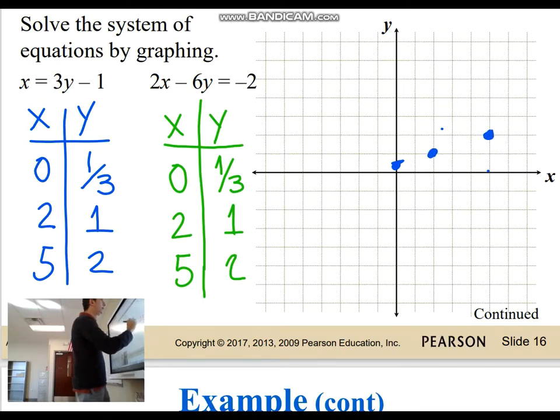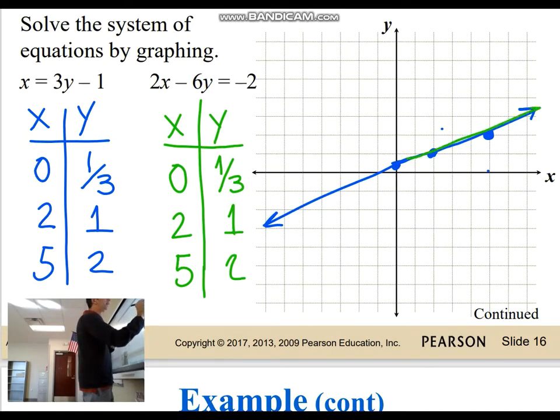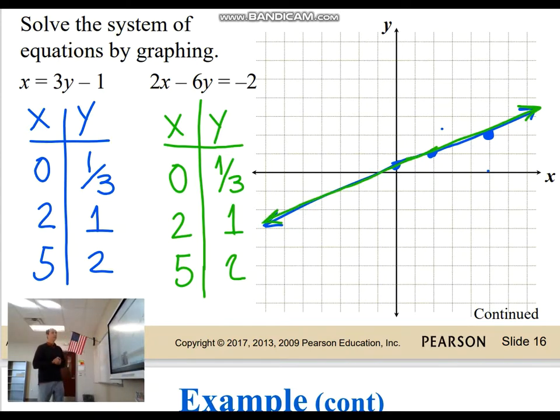We can connect the points. This is one line. The other line is going to be on the same points, crossing the same points, on the same place, the same spot. They are coincident. See? And when something like that happens, that means all the points, the whole line will intersect.